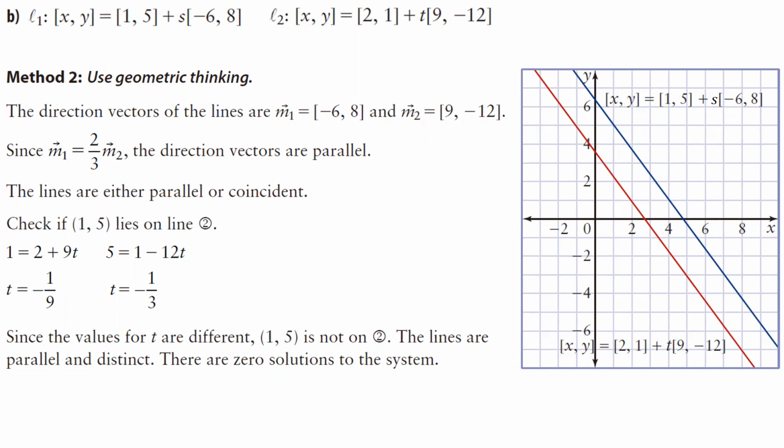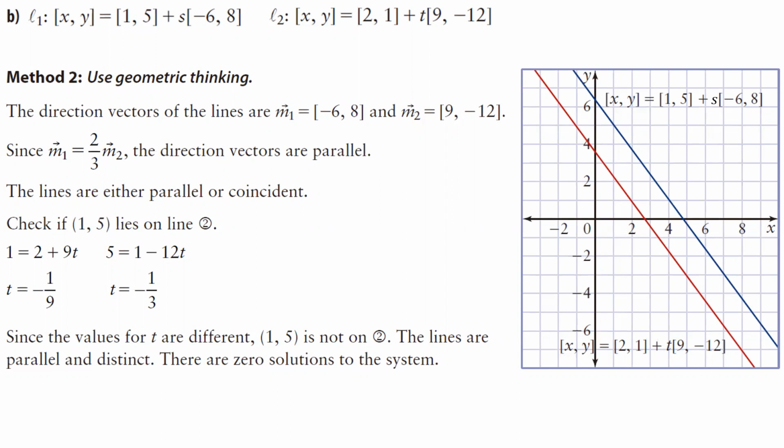So check point 1,5. We can insert it to the equation of line L2. This gives us t equals negative 1 over 9 for x coordinate, and for y coordinate that gives us t equals negative 1/3.